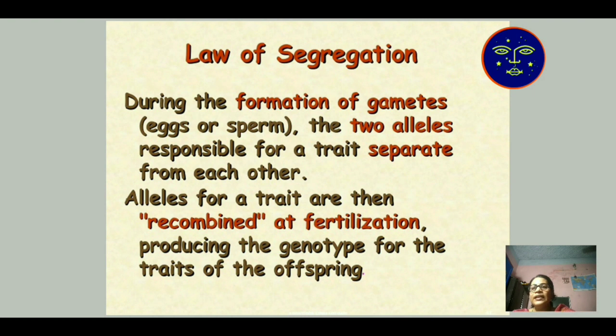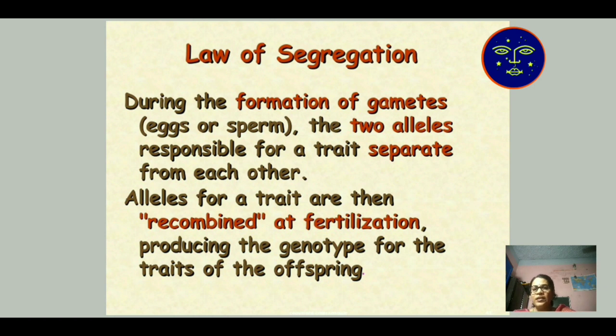Then he determined the law of segregation. Segregation means that during the formation of gametes, that is eggs or sperm, the 2 alleles responsible for a trait separate from each other, meaning they are fully separate from each other. Alleles for a trait are then recombined at fertilization, producing the genotype for the trait of the offspring.